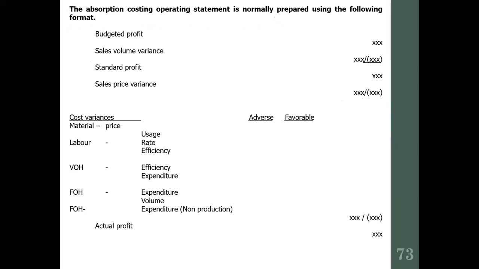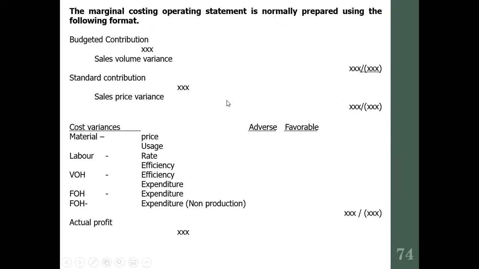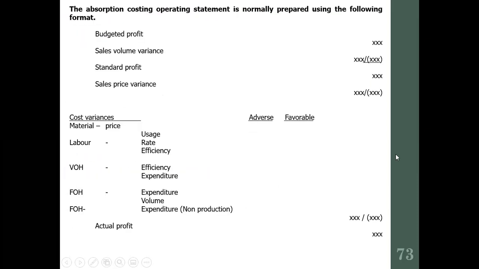So this is the case under an absorption costing operating statement. You can see that we start with the budgeted profit. Then you take the sales volume variance and then you get to the standard profit. Then the price variance is adjusted and thereafter the cost variances, the fixed overhead expenditure and volume.